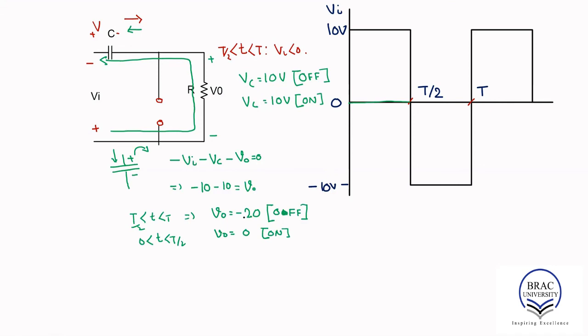And when it is off, during the interval T by 2 to capital T, V0 is equal to minus 20.